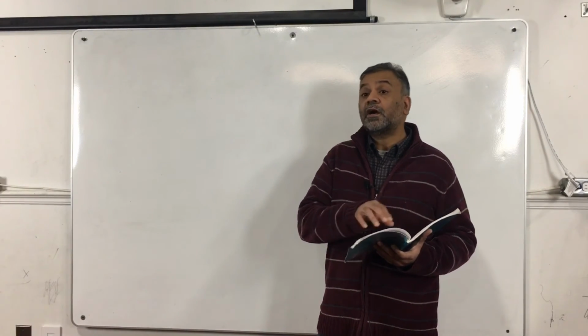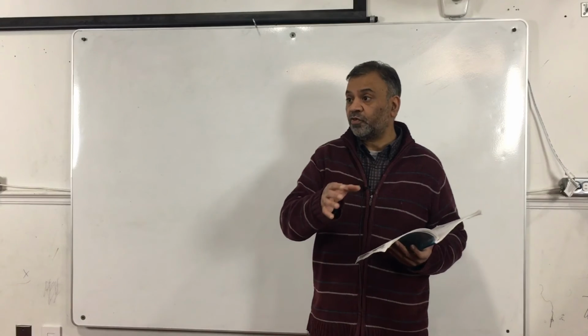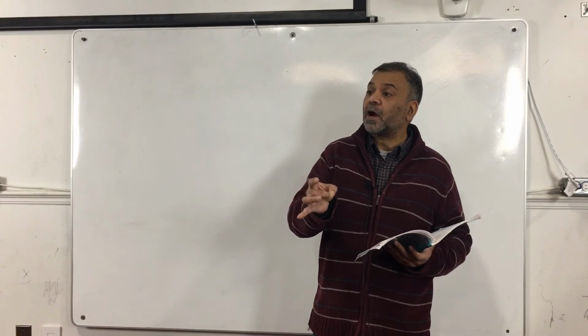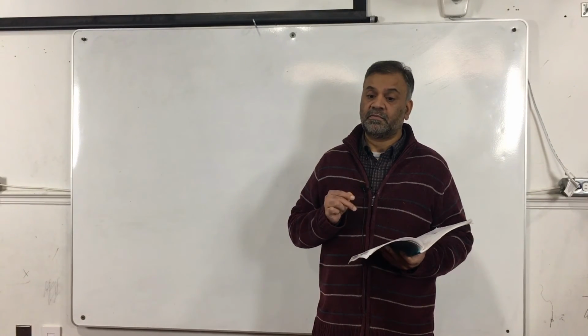Even though there are no vowel signs here, my mind knows that after haza comes jarun wa majrurun, so I would say li Muhammadin, right? Li is harf jar, Muhammadin is ism majrur, wa zalika li Hamidin. This is for Muhammad and that is for Hamid.